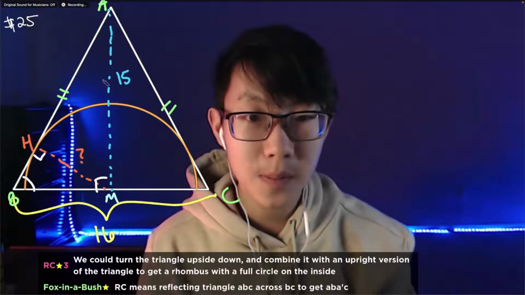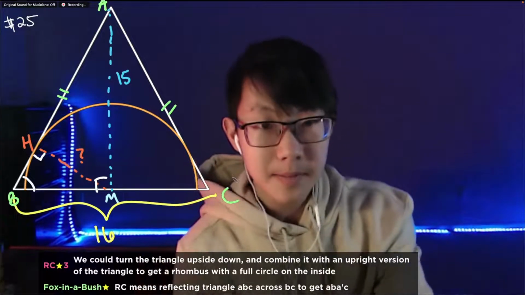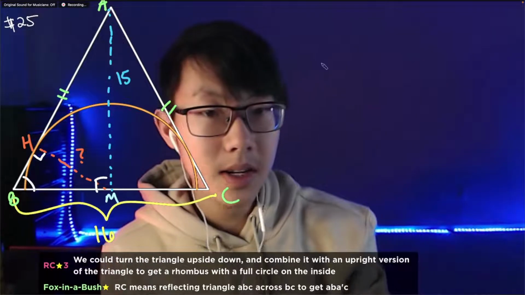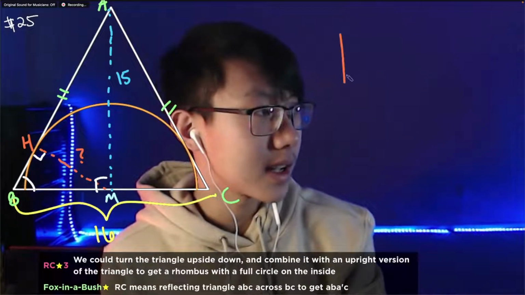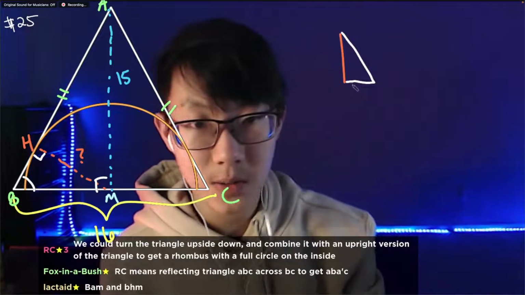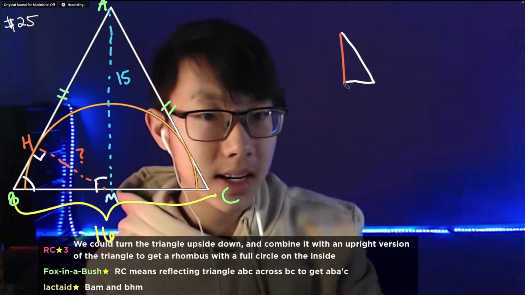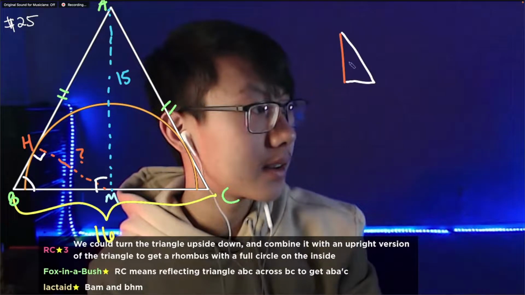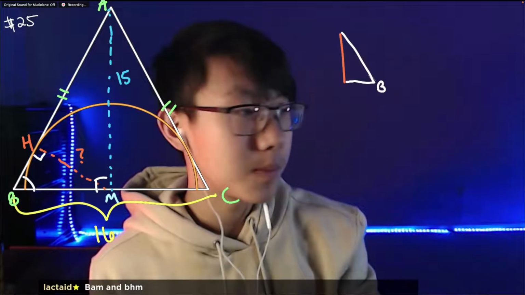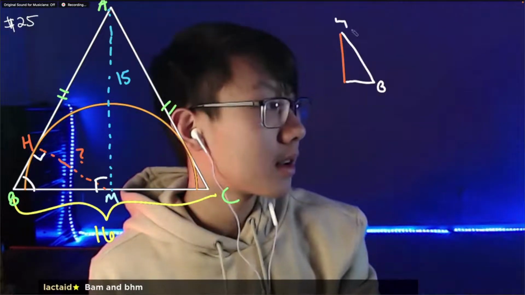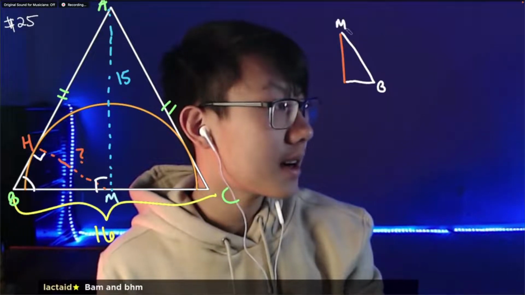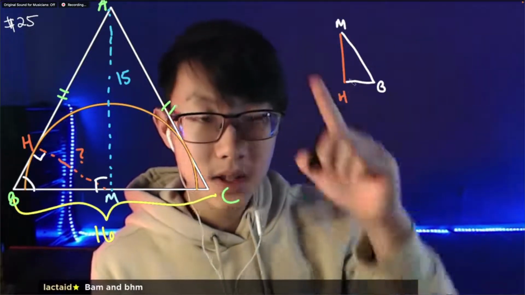Okay, so from there, let's just finish off the problem. I'm gonna redraw the triangle on the side so we can make really apparent which sides are similar to which sides. Right now, B is the bigger angle. So BM, and this is gonna be H. And let's look at the big one.